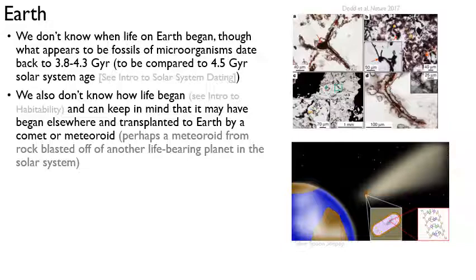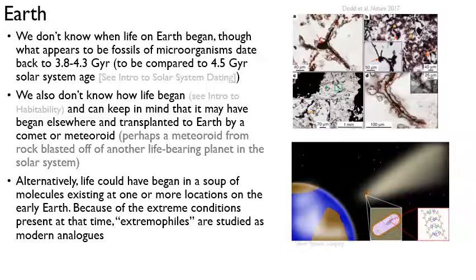An asteroid could have hit that surface, busted off a piece of that planet, and brought a meteoroid to Earth, and had that initial life-bearing stuff transplanted to Earth, or somehow life could have begun on a comet and been brought to the Earth. So we don't really know, but those are definitely possibilities.